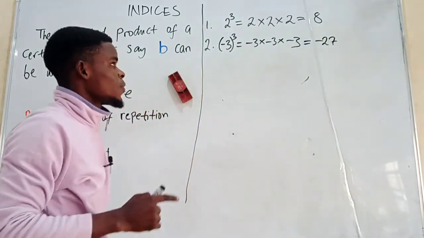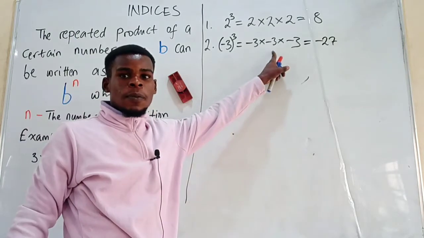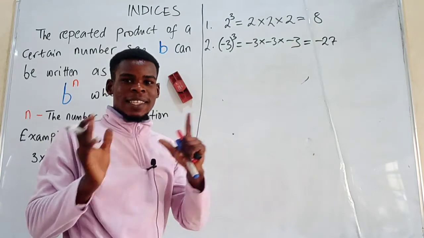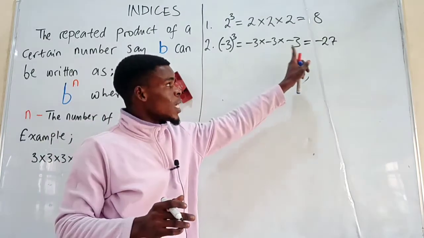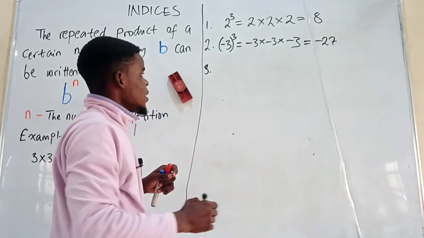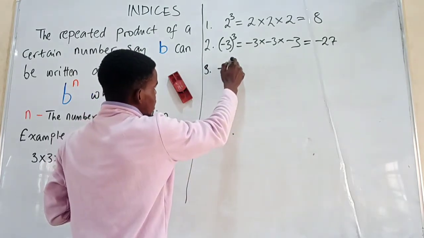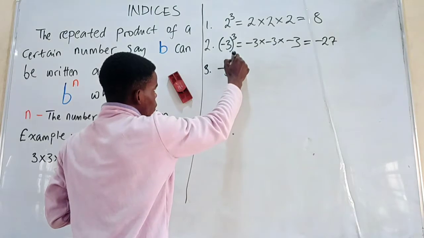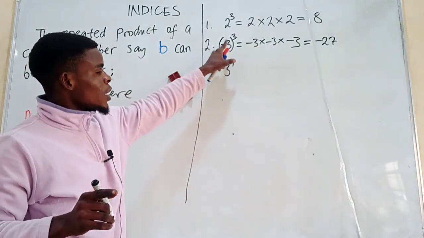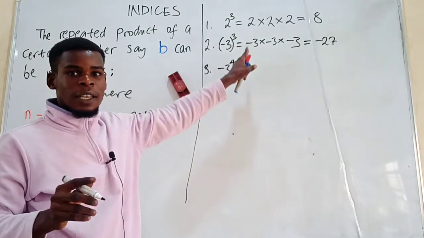You know that negative 3 times negative 3 will give us positive 9. Then positive 9 times negative 3, positive times negative, will give us a negative result. Then 9 times 3 is just 27. Another one I would like to look at is negative 3 to the power 4. Now observe, in the previous example we had (negative 3), everything to the power 3, including the negative.